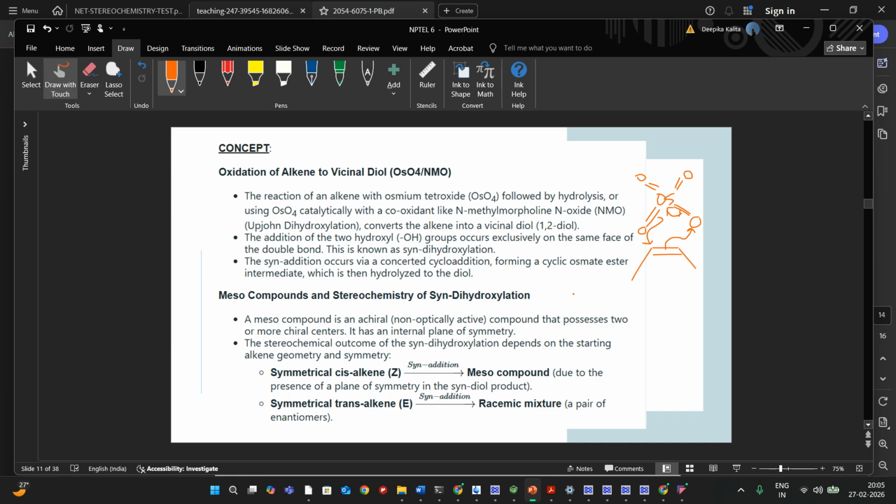A meso compound is an achiral compound that possesses two or more chiral centers. It has an internal plane of symmetry. So whenever a symmetric cis alkene is subjected to syn addition, we get a meso compound because of the syn diol formation. And when it comes to the trans alkene, we will get a racemic mixture or a pair of enantiomers.